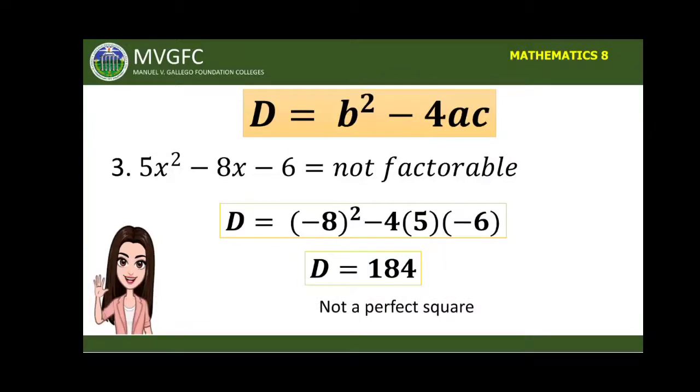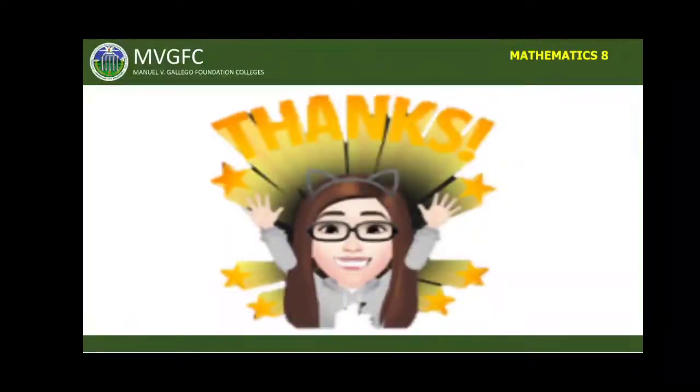Meron siyang square root, however, not a perfect square. So, kapag not a perfect square yung discriminant natin, we can say now that the given expression or trinomial is not factorable. So, that would be the end of our discussion for factoring general trinomials.